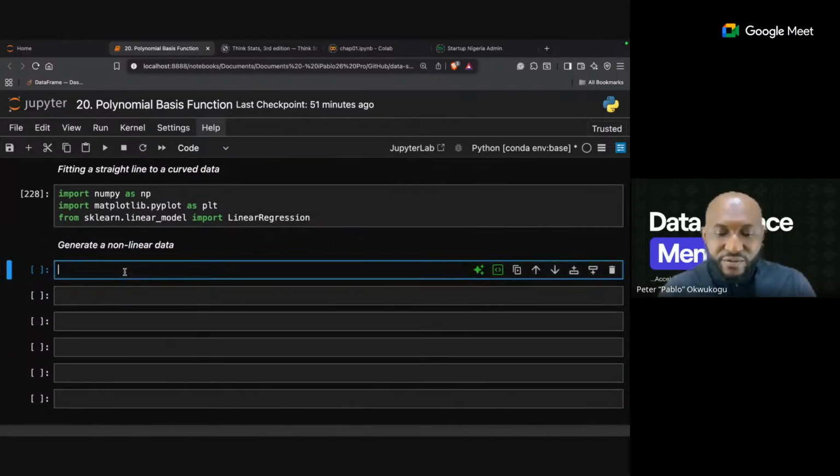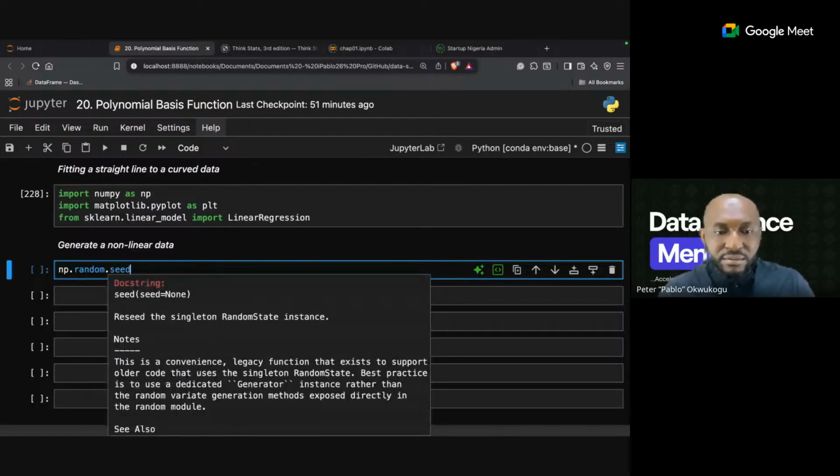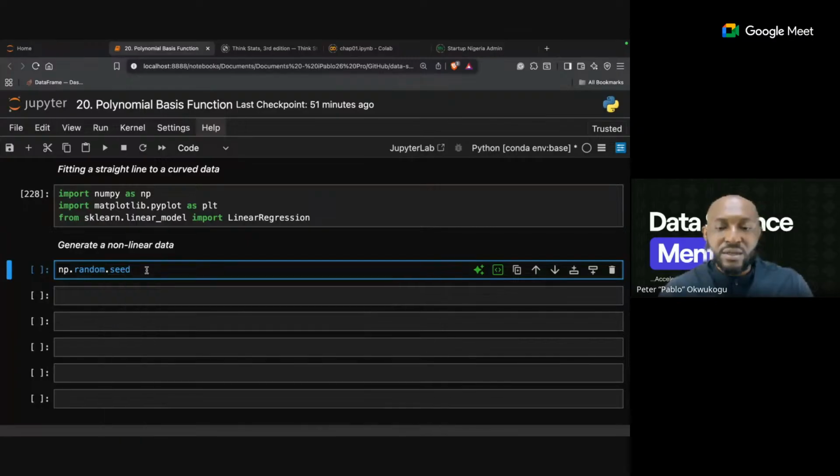So first off, I'll call np.random.seed. So we'll create a random state instance, which means if you use the same random state, you can reproduce what we have done.